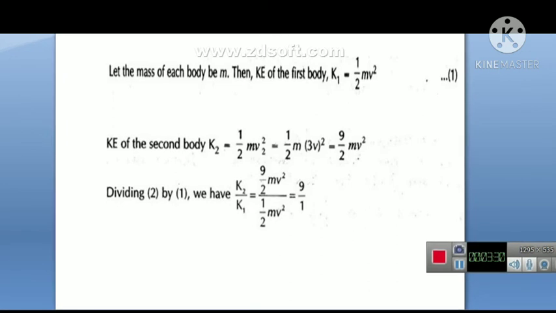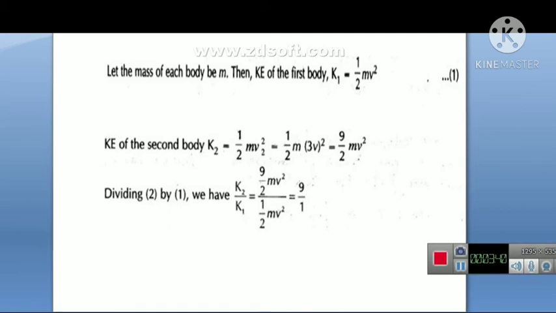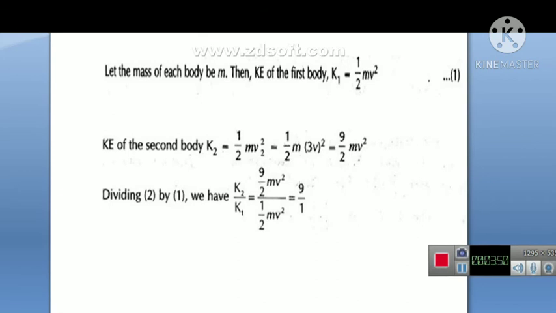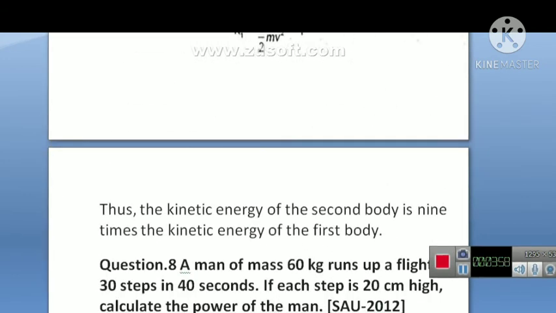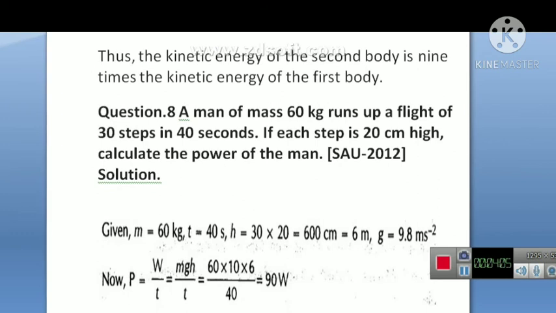Therefore V2 square upon V1 square will be taken, and V2 square will be 9v square, that is 9, and V1 square is v square, so v square will get cut, and this will come 9 by 1. So the ratio will be 9:1. Thus the kinetic energy of the second body is 9 times that of the kinetic energy of the first body.